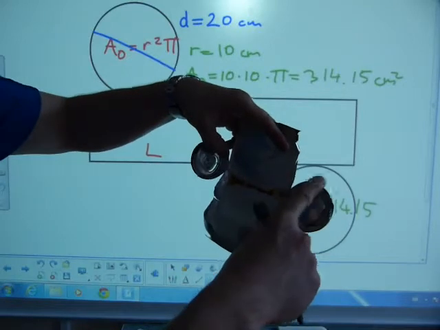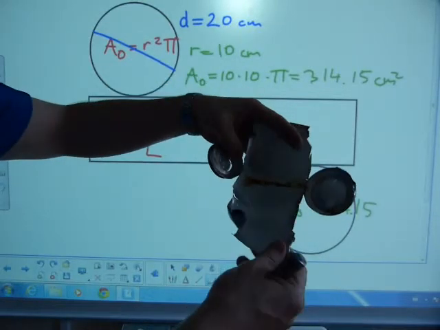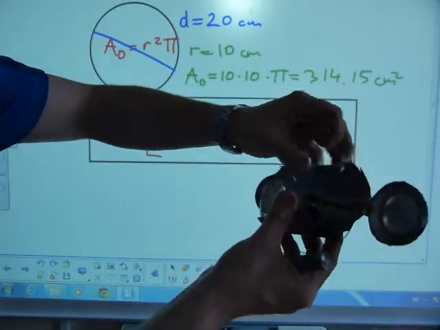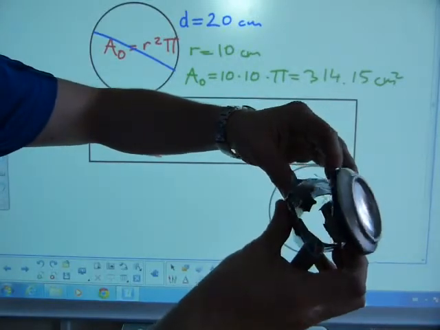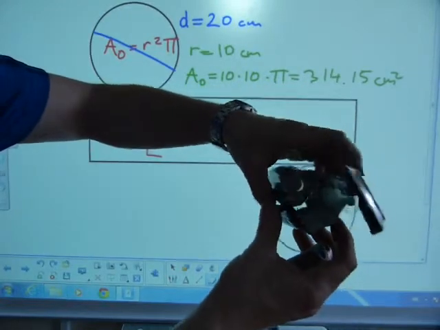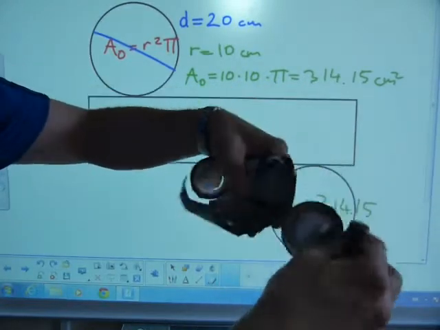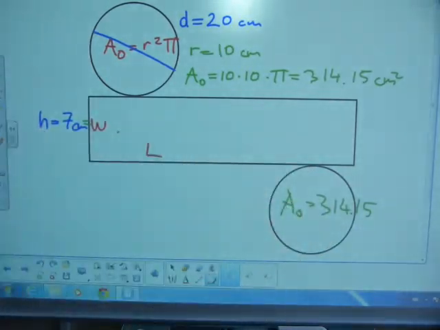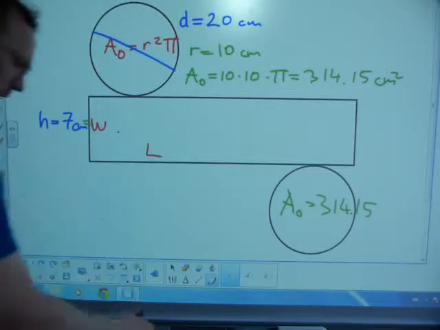And what is this part of the circle called in terms of circle terminology? You can see that this rectangle just curls up there, like so, to be this part of the circle. And that, ladies and gentlemen, is the circumference of the circle.